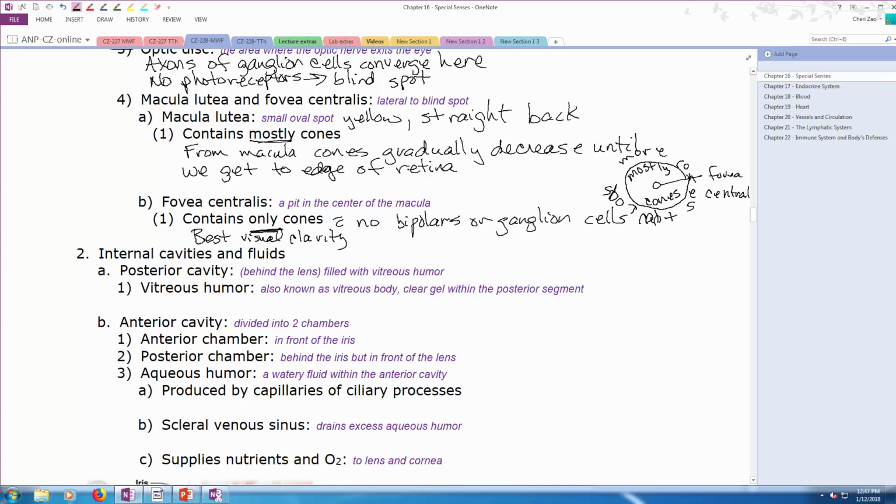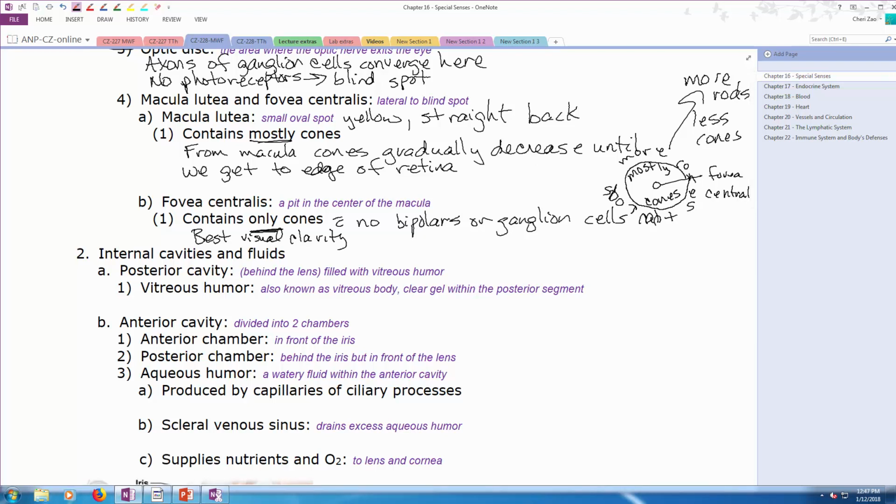Mostly rods, plus some cones. Okay. And as we go further out, we get more rods, right? More rods than cones, less cones. So when we get to the perimeter of our retina, that's made out of all rods.